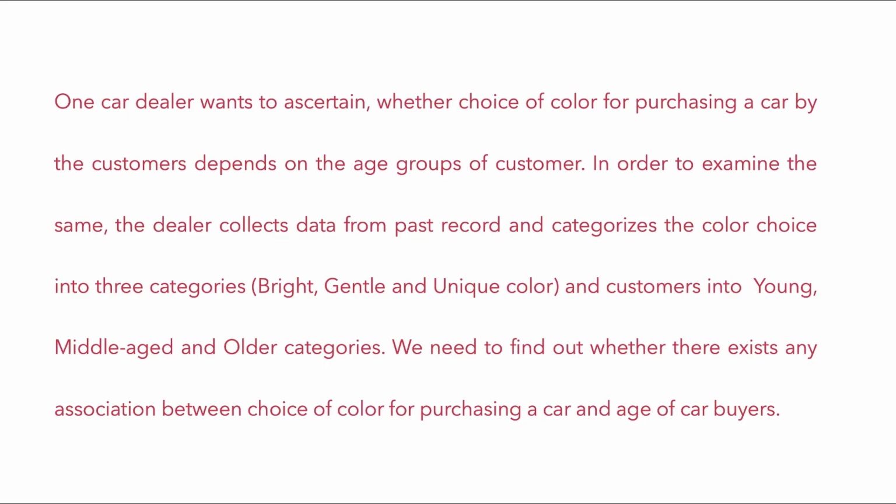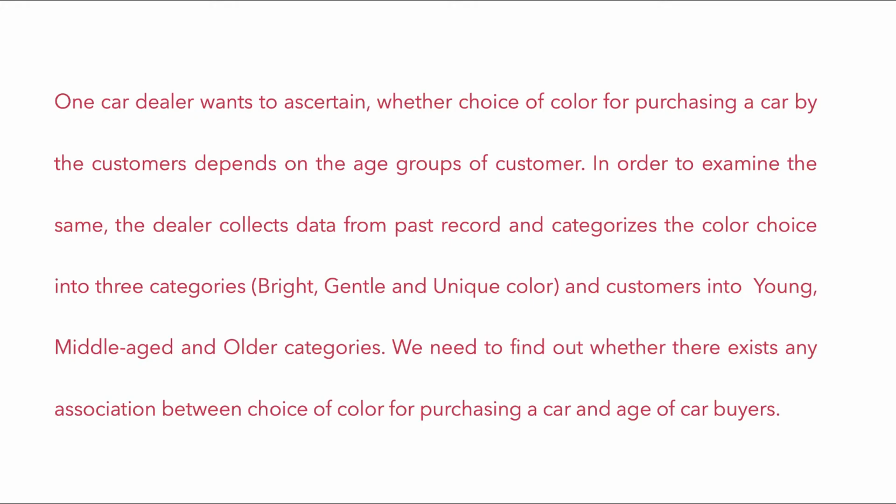In order to examine the same, the dealer collects data from past records and categorizes the color choice into three categories: bright, gentle, and unique, and customers into again three categories of young, middle aged, and older customers. Now we need to find out whether there exists any association or relationship between choice of color for purchasing a car and age of car buyers.